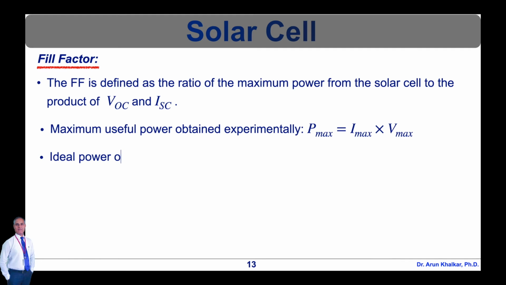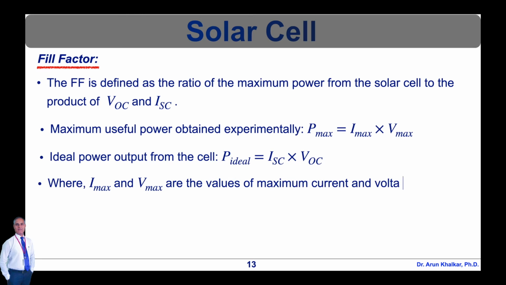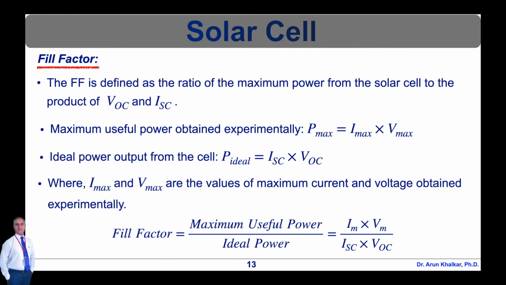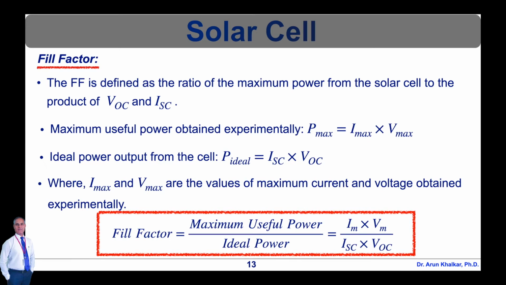The ideal power output from the solar cell, let's say P ideal, is equal to ISC into VOC, where Imax and Vmax are the maximum values of current and voltage obtained experimentally. Therefore, we can write fill factor is equal to maximum useful power divided by ideal power. So, fill factor is equal to Imax into Vmax divided by ISC into VOC.